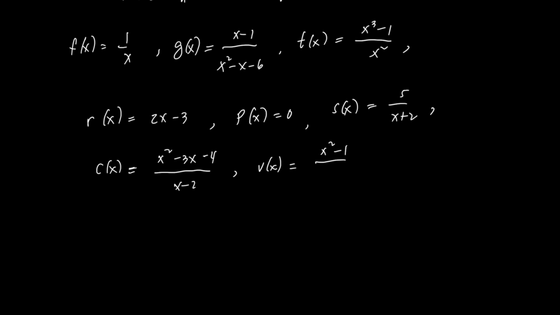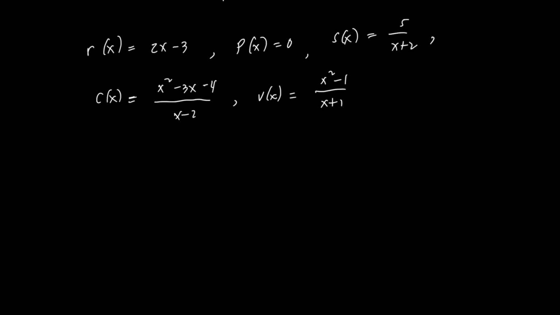Then v of x is equal to x squared minus 1 over x plus 1 is also a rational function. So if it is a ratio of two polynomials, then that function is a rational function.